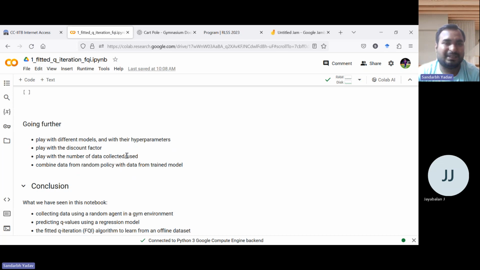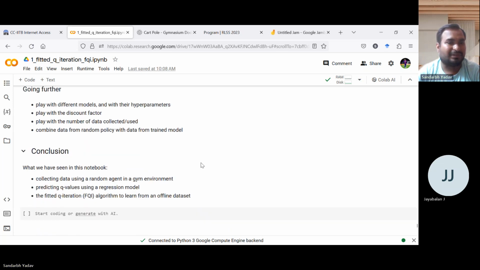So collect as much data as you can afford, and you can combine data from a random policy with data from the trained model. Remember, we were using random sampling to generate actions. So you can combine that random policy with data from the trained model. This will eventually help in converging faster.